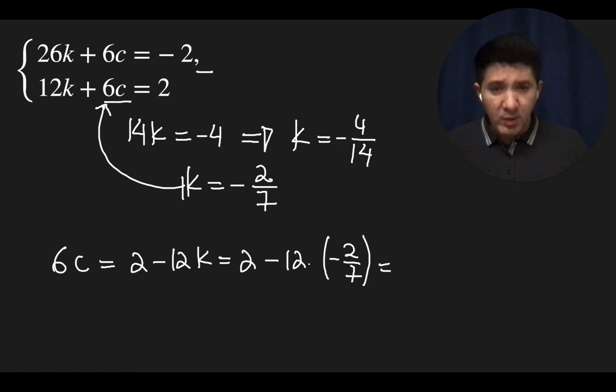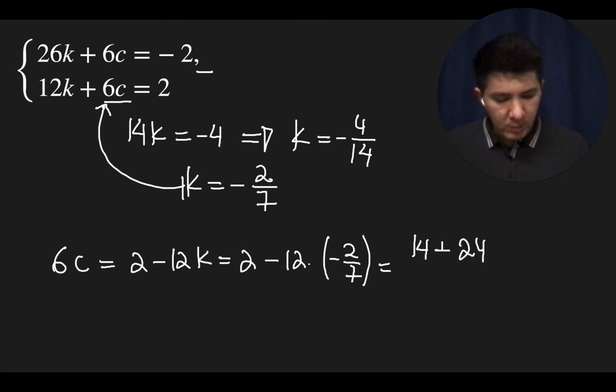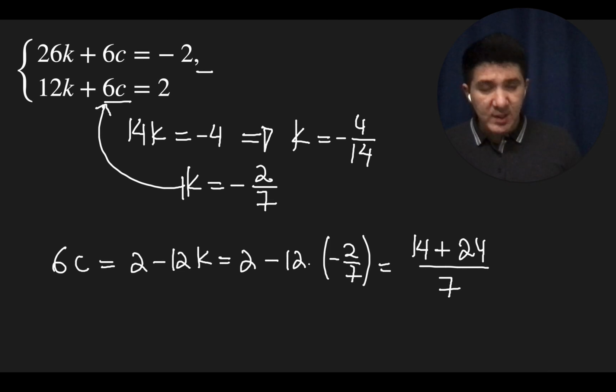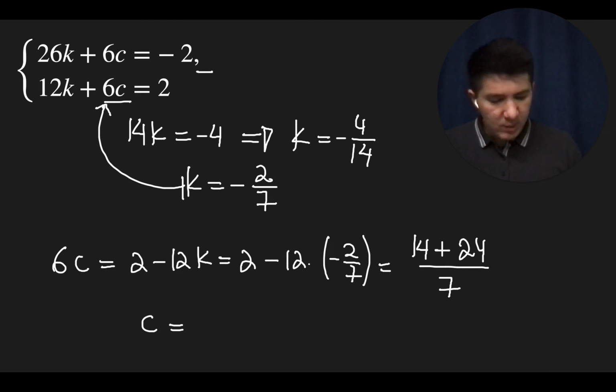So I'm going to open the brackets and simplify the term. By giving the common denominator, it's going to be 14 minus 24, or plus 24 in this case, right? Divided by 7. So this is what 6c is, so that's why c is going to be equal to 38 divided by 42, or simply 19 over 21.